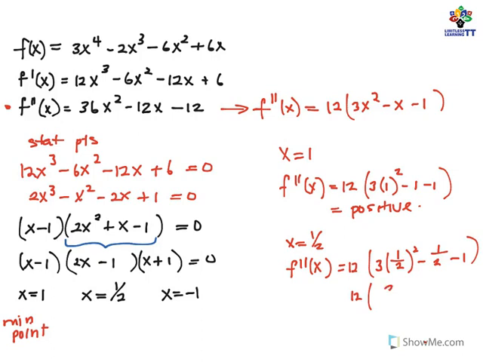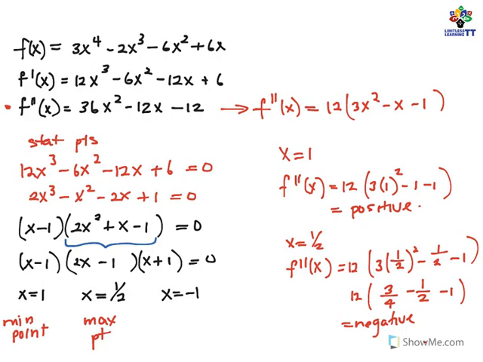So 3 times 1/4 will give me 3/4. 3/4 minus 1/2 is going to give me 1/4. 1/4 minus 1 is going to give me something that's negative in here. 12 times a negative number is going to be negative, which means that this is negative. And so therefore, it means that this is a maximum point.